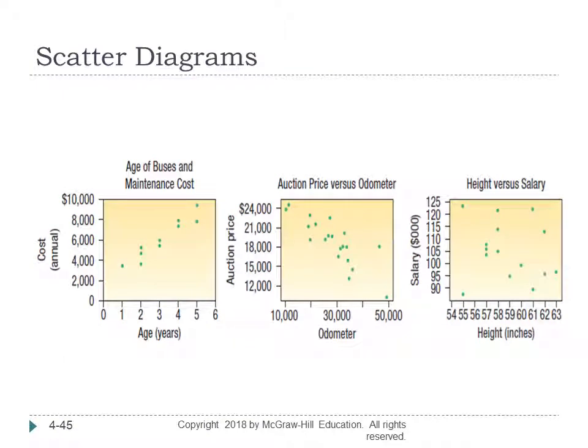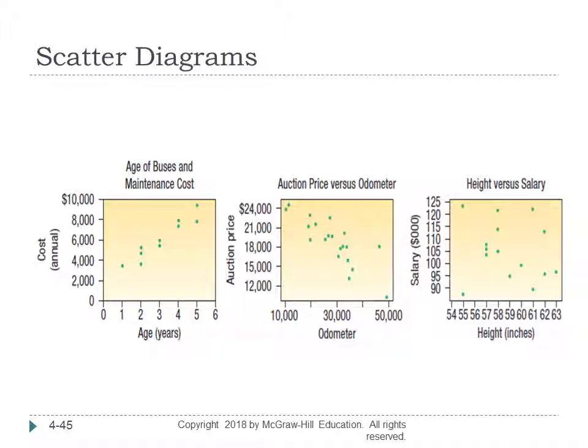We have three different sets of data. The first set of data, the scatter plot for that, the two variables deal with buses. We want to see if there is a relationship between the age of a bus and how much it costs to maintain. It is reasonable to expect that the older the bus is, the more money it will cost to maintain.